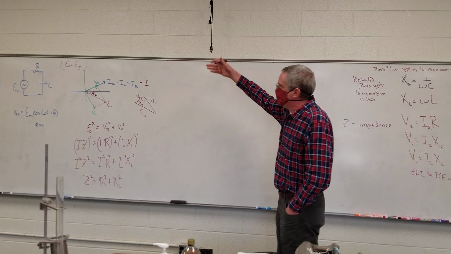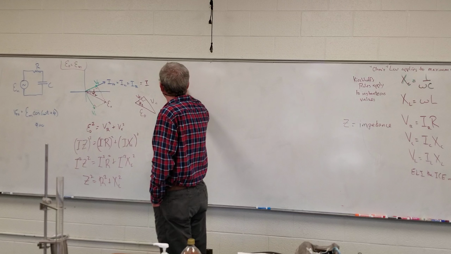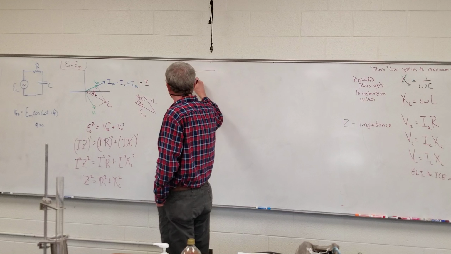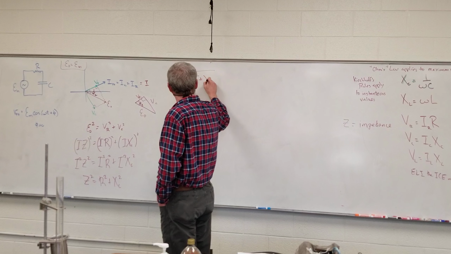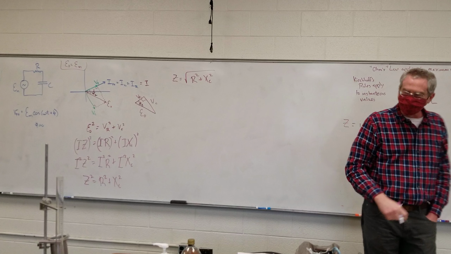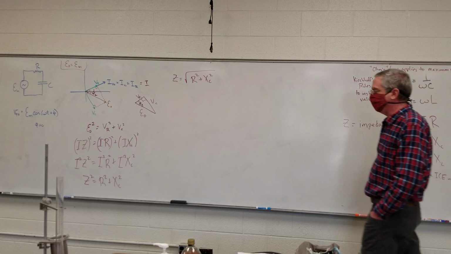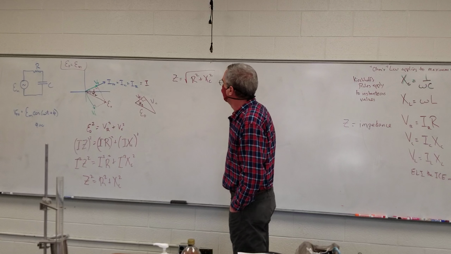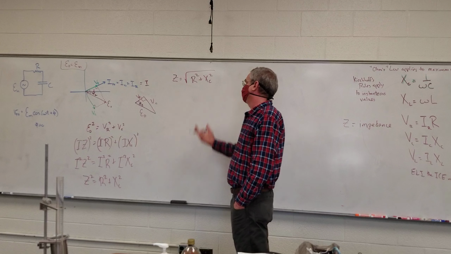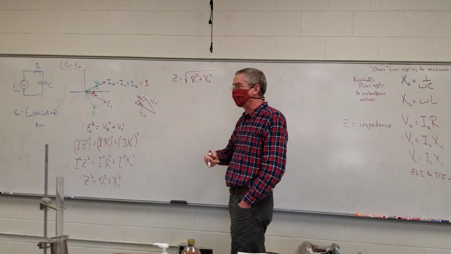And so for this particular situation, the RC series circuit, Z is equal to the square root of R squared plus X sub C squared. We'll plug in numbers in a moment. But at some point in the lab you're doing on Wednesday, you'll use this formula.